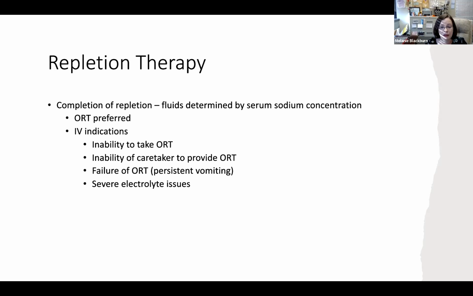If your patient is persistently vomiting, so if you're doing PO challenges and they're not succeeding, then obviously you're going to have to use IV. And if they have severe electrolyte abnormalities, you're going to want to use your IV fluids first, until their electrolyte abnormalities are almost normalized.